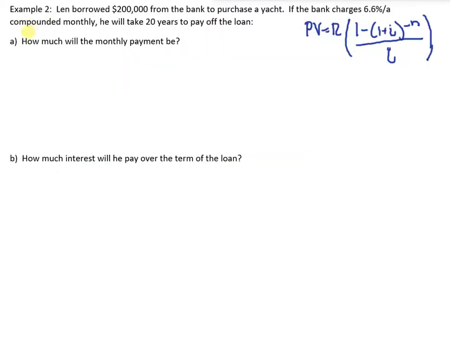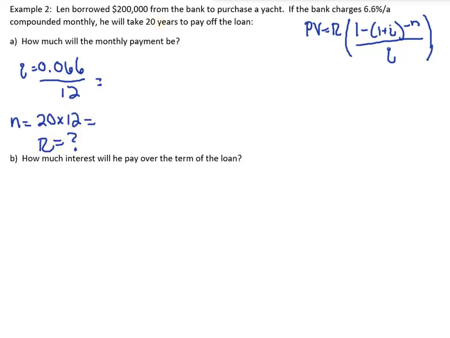All right, example 2. Len borrowed $200,000 from the bank to purchase a yacht. If the bank charges an interest rate of 0.066 compounded monthly, and he will take 20 years to pay off the loan, so 20 times 12, how much will the monthly payments be?